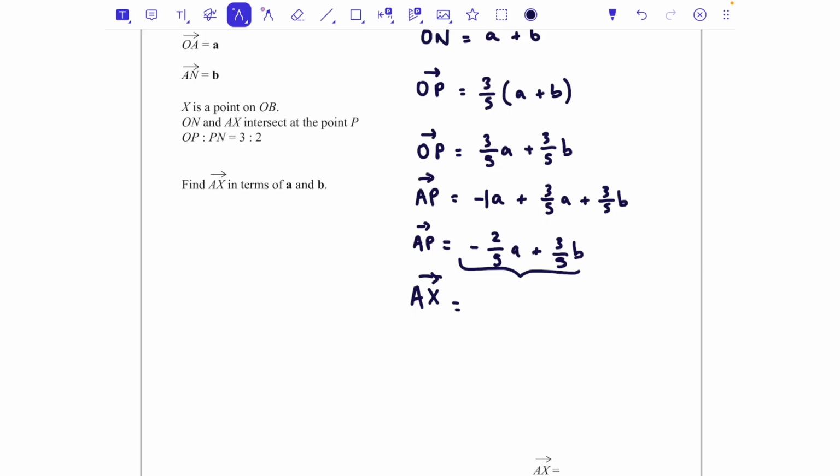We're not adding A's or adding B's, it's just a longer version. So I'm going to say it's K lots of minus 2/5 A, add 3/5 B. It might not be a whole number, but it's just a multiple of that if we know it's going in the same direction.